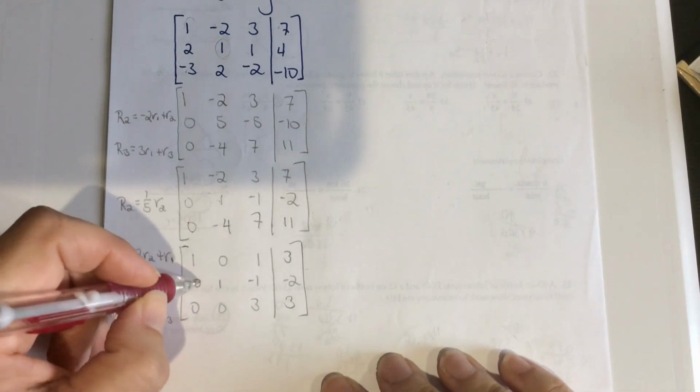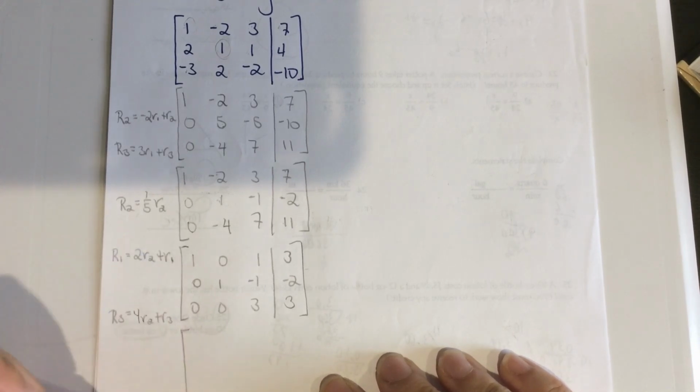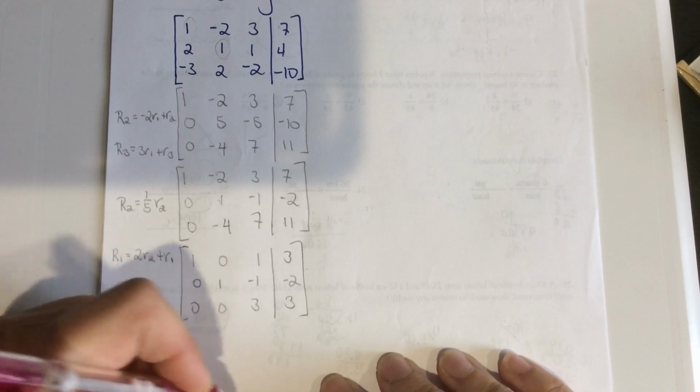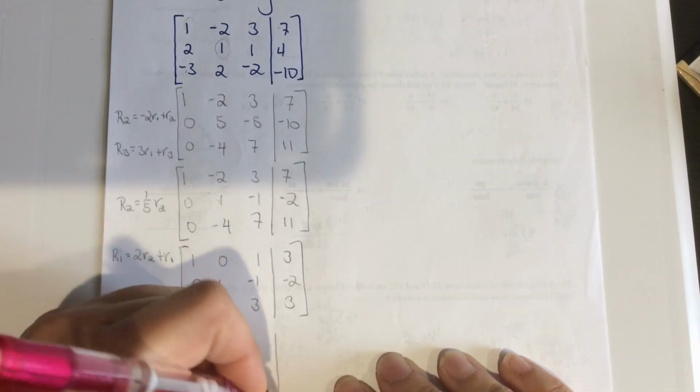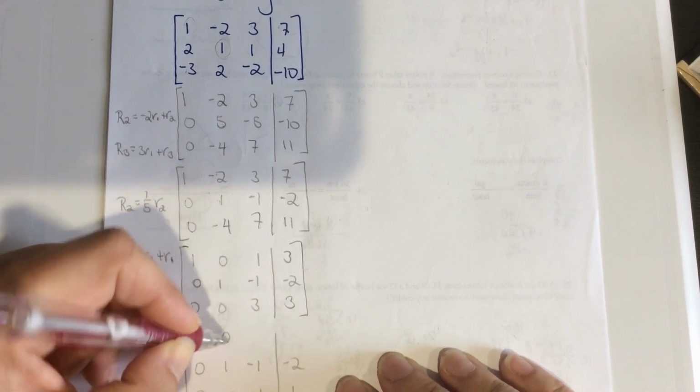Okay, let me just double check that. Okay, that looks good. And then I have ones and zeros. I need to get that to be a 1. So my new row 3 is going to be 1/3 my old row 3. Almost feels like a waste to write another matrix for this, but you gotta do what you gotta do.